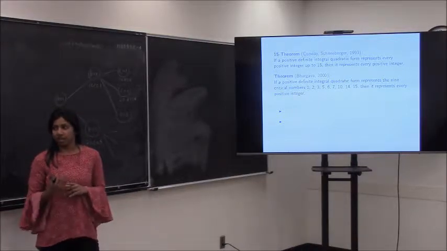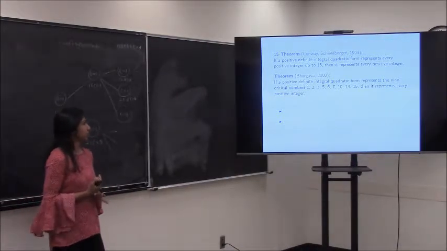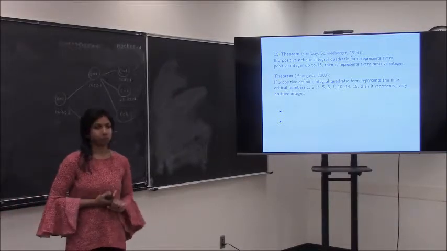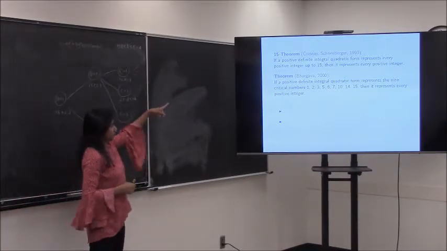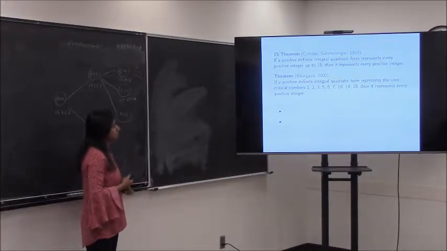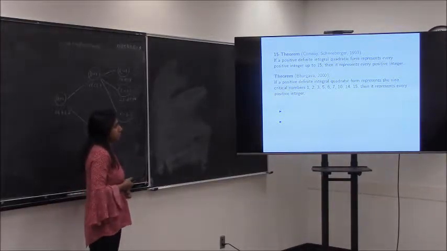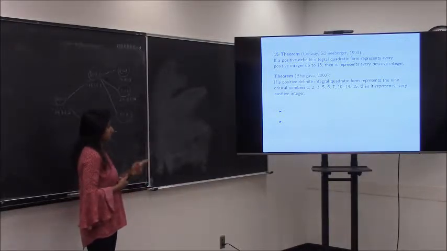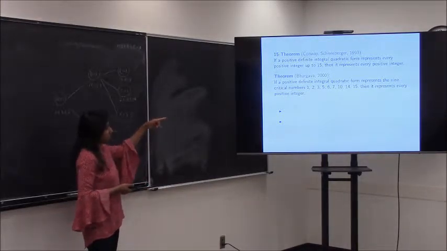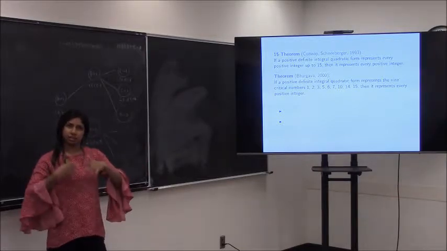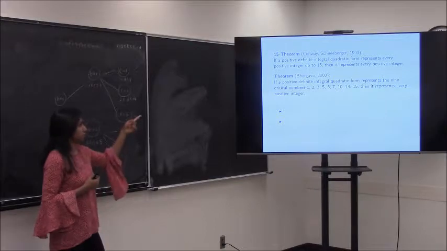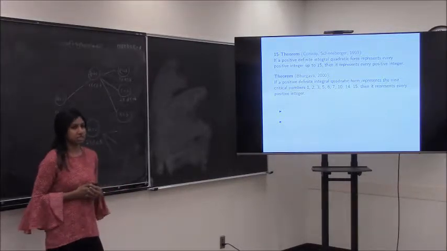If you can represent these 9 numbers, then you can conclude that it is a universal form. For the first theorem, the 15 theorem, the proof was never published, I think. That was the thesis of Schneeberger. Later, Bhargava gave an easier proof for the 15 theorem. That is the reason why the original proof was never published.